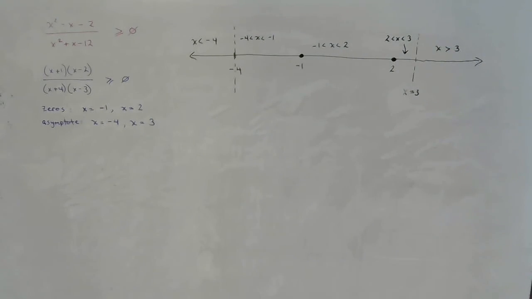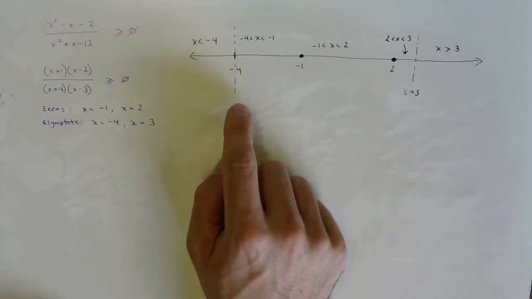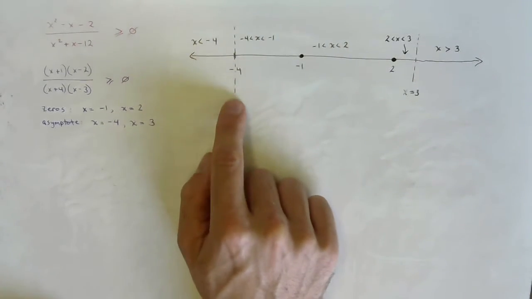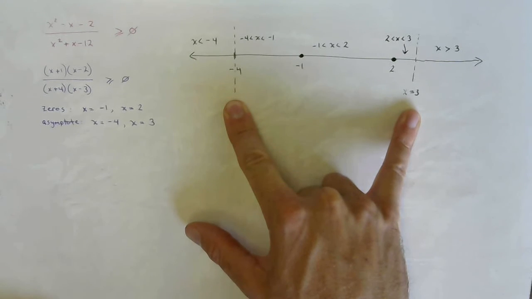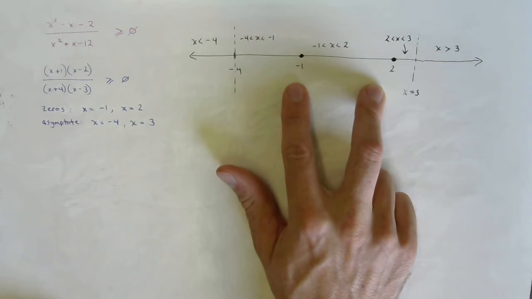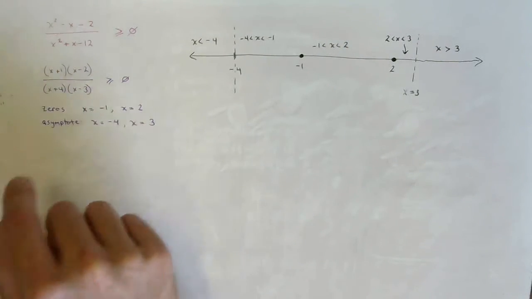So here we have 5 different intervals to talk about, plus what happens at the zeros. We don't need to talk about what happens at the asymptotes. We know the function never crosses there. But we do need to talk about what happens at the zeros because we're looking for a greater than or equal to.